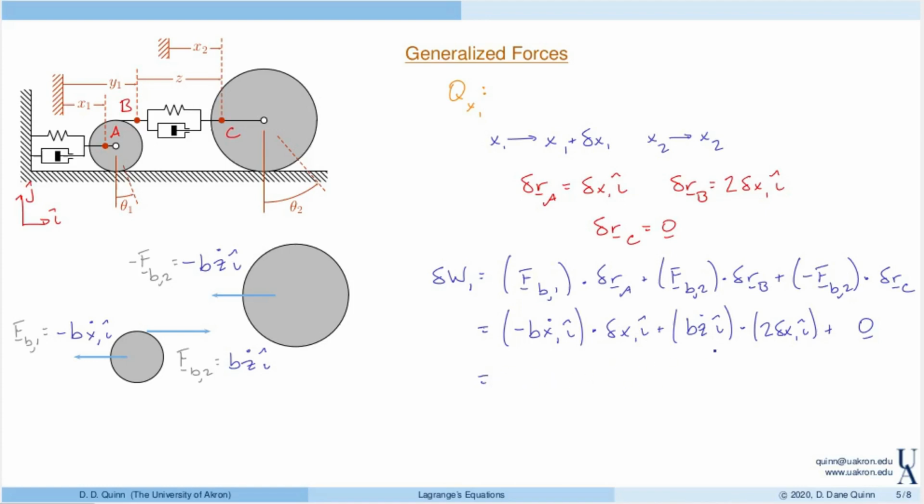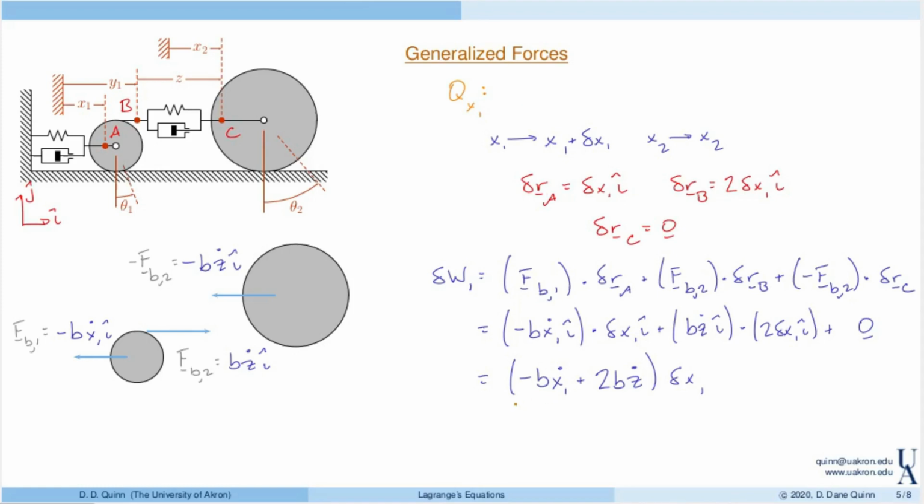So as a result, the virtual work done can be written as minus B x1 dot plus 2B z dot times delta x1.